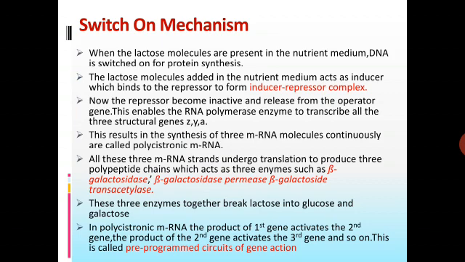In polycistronic mRNA, the product of the first gene activates the second gene, the product of the second gene activates the third gene, and so on. This is called pre-programmed circuits of gene action. So here the switch on and the switch off mechanism has been explained.